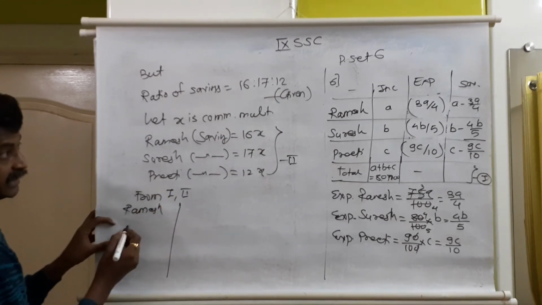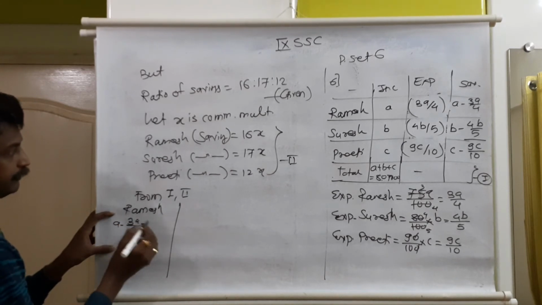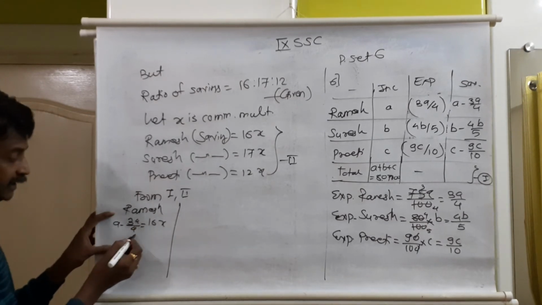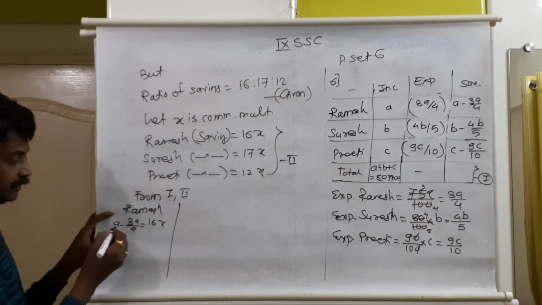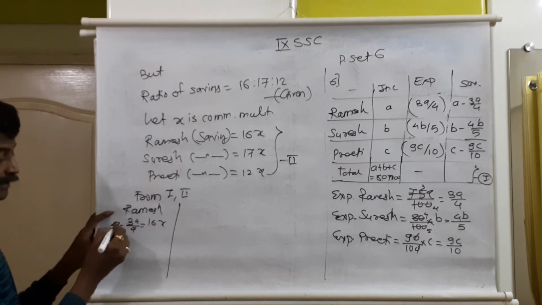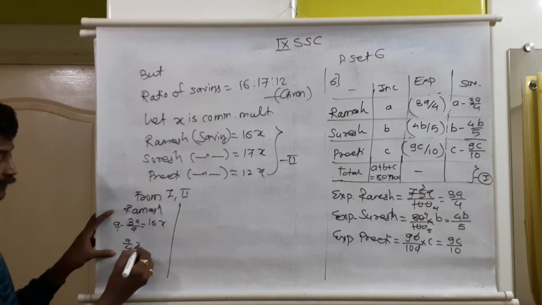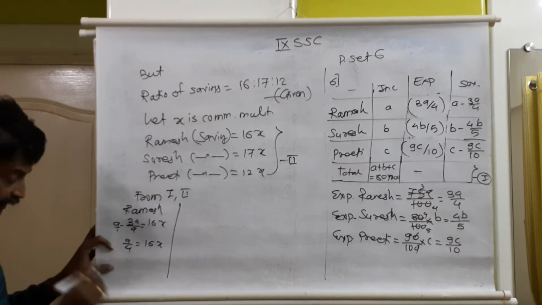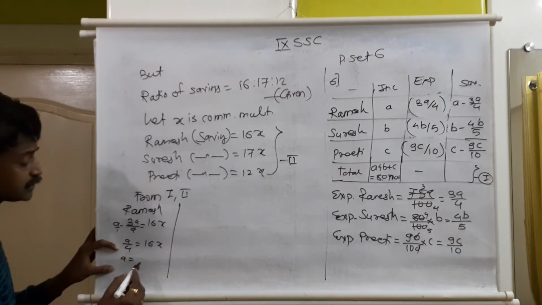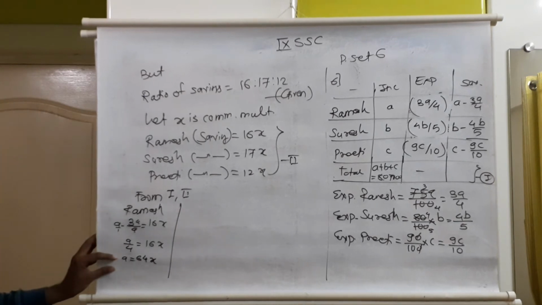For Ramesh, his saving is A minus 3A upon 4 is equal to 16x. This can be simplified as 4 into A, 4A minus 3A, and it remains 1A. A by 4 is equal to 16x. A is equal to 4 goes to the other side, 16 4s are 64x. This is the value of A.